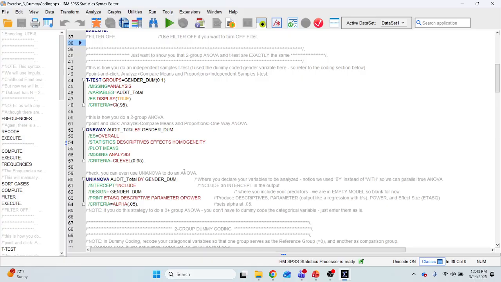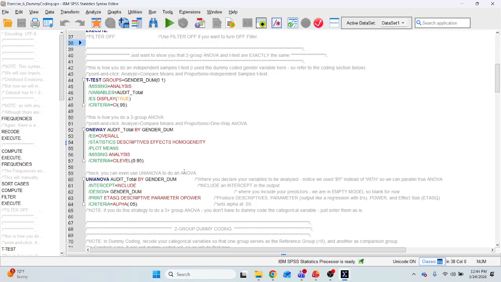Now, if you look at 40 all the way to 65, the first group of syntax that you see there is the t-test. That's the syntax for the between-groups t-test that Dr. Solosky has taught you. The second one is a two-group ANOVA, a one-way ANOVA that Dr. Solosky has taught you.